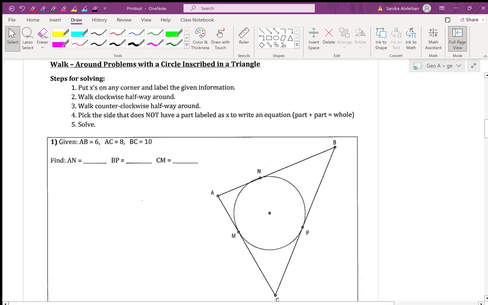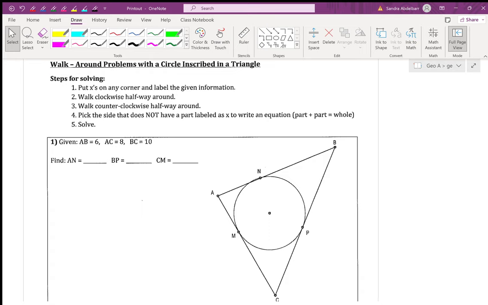So for walk around problems, what ends up happening is you end up having a whole bunch of tangents, or the two tangent theorems, I should say. Do you see how AN and AM are two tangents from the same point A, and CM and CP are two tangents from the same point C, and BN and BP are two tangents from the same point B?